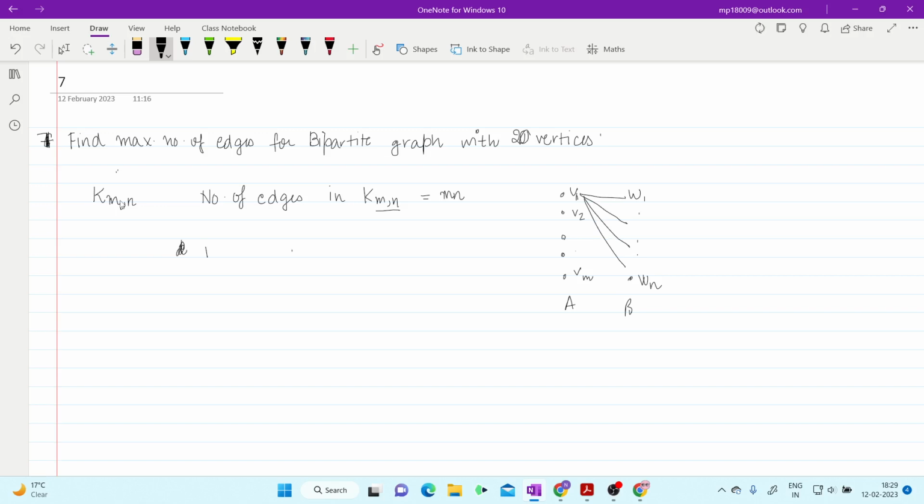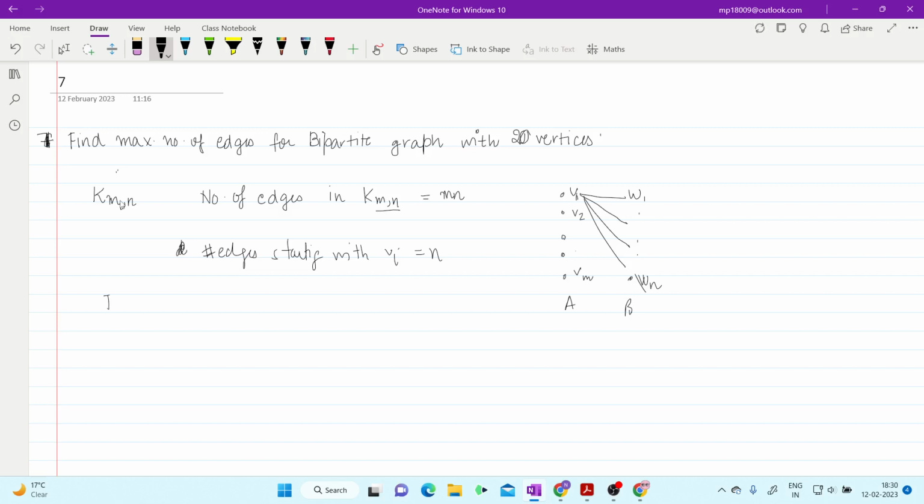So the number of edges starting with Vi is N. And similarly, V2 will be connected to all these vertices.